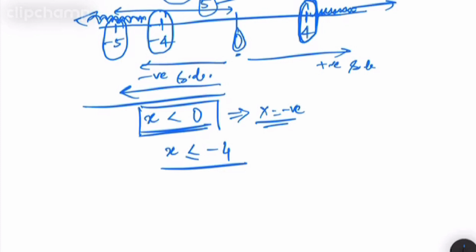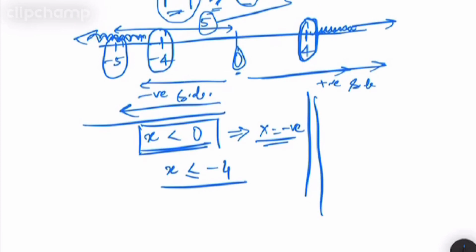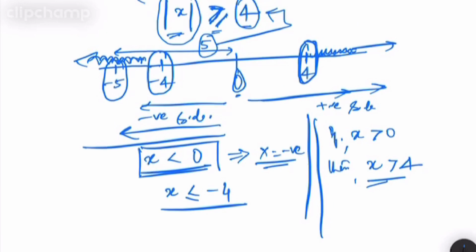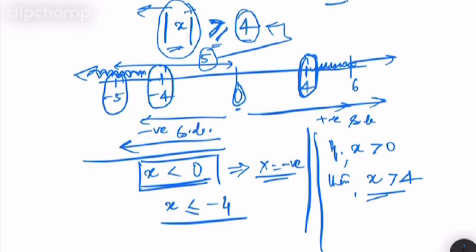Similarly, if we consider x to be a positive value, then the value of x will be greater than 4. Let's say again here, if we take any point randomly, let's say 6, what will be the distance of this number 6 from 0? It will be 6. And what is our requirement as per the given problem statement?